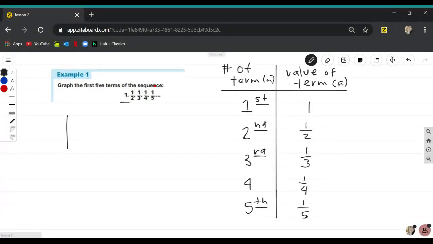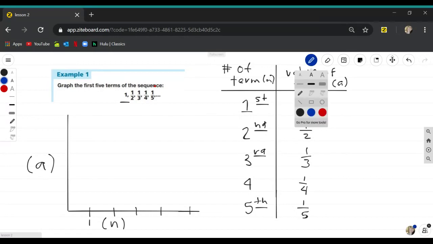I'm going to make the graph right here, and I'm going to put n here and A here. And then I'm going to do 1, 2, 3, 4, 5.